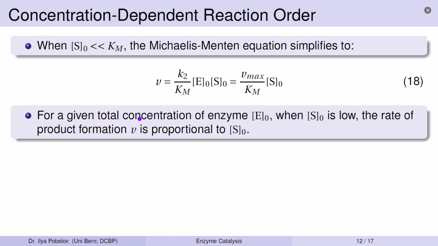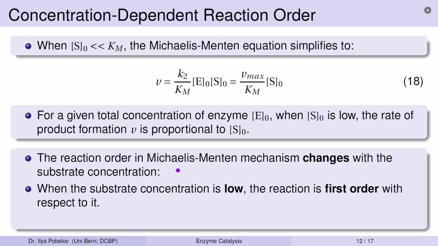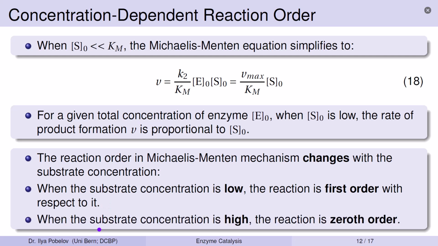For a given total concentration of enzyme, when the substrate concentration is low, the rate of product formation is proportional to the substrate concentration. Therefore, the reaction order in the Michaelis-Menten mechanism changes with the substrate concentration. When the substrate concentration is low, the reaction is first order with respect to it. When the substrate concentration is high, the reaction is zeroth order.